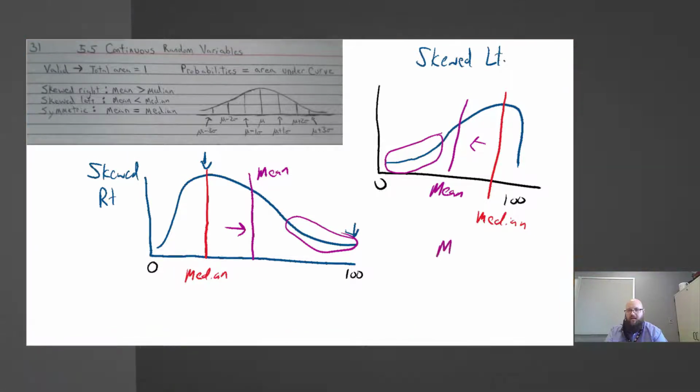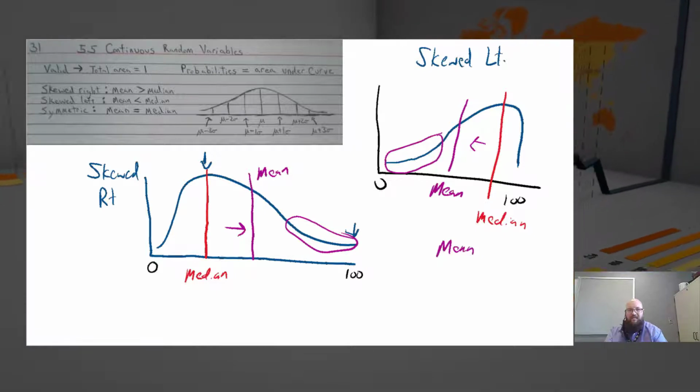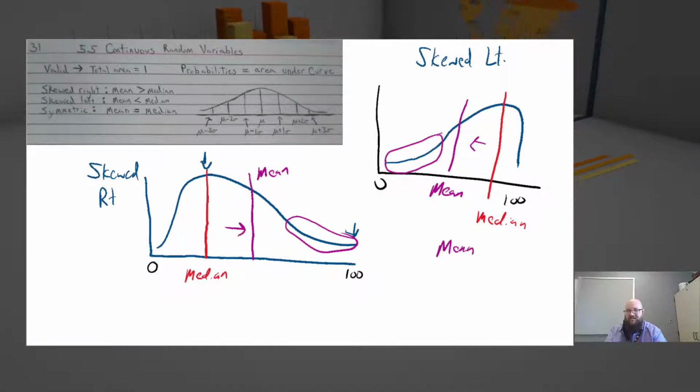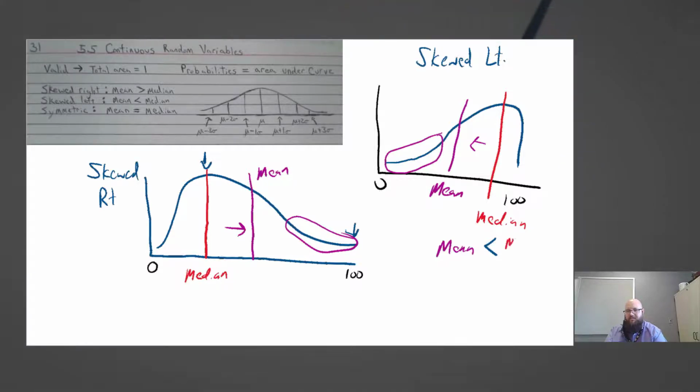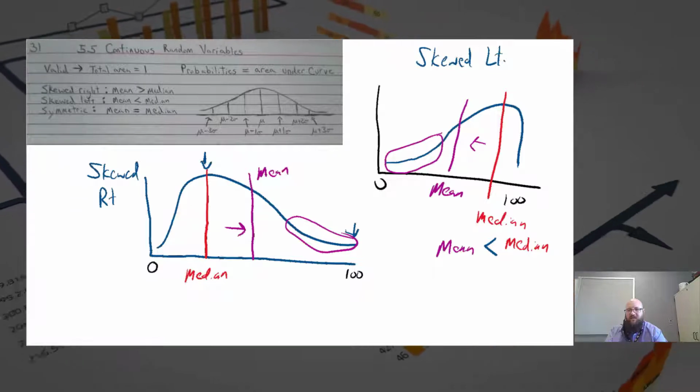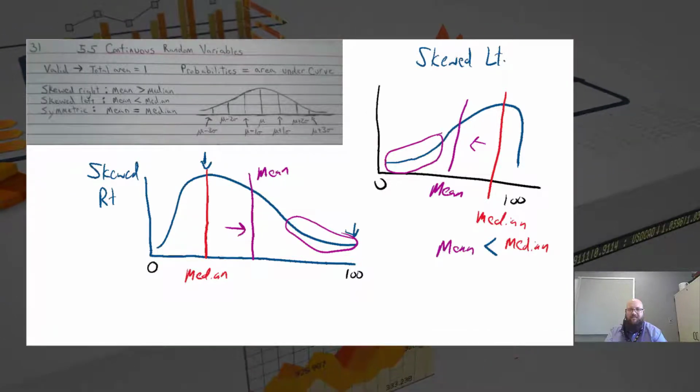So your mean is going to be less than your median. In other words, the number value is less than your median.